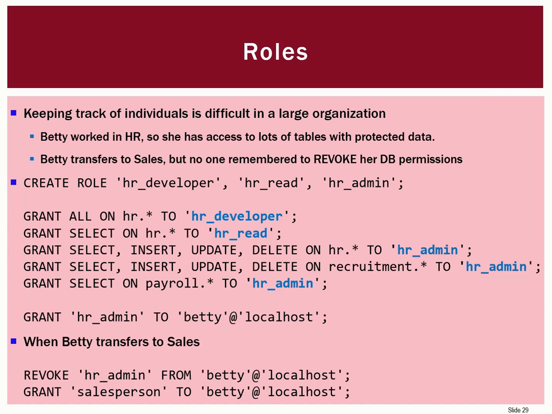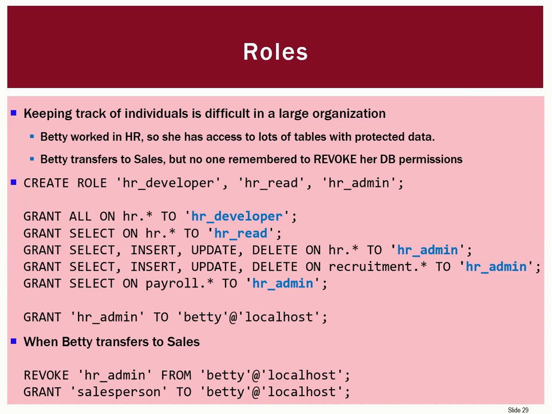And this way Betty will pick up all the assignments to HR admin. She'll have select, insert, update, delete on all the tables. She'll have select, insert, update, and delete on all the recruitment tables. And she'll have select access on all the payroll tables. So you're able to really be very granular with your permissions.